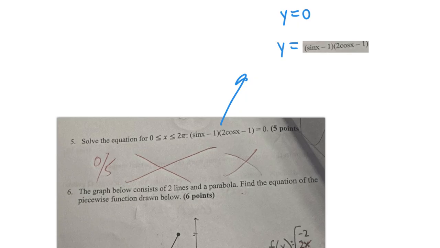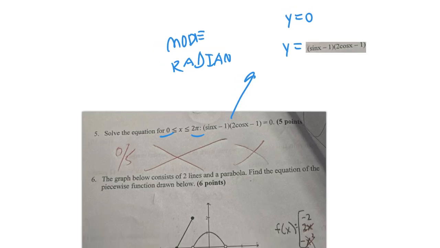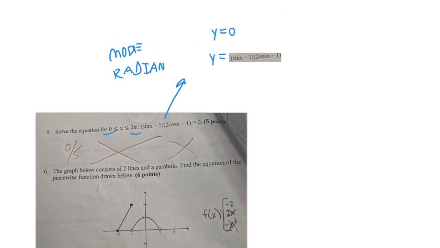That is something that most definitely could be done for this. And it is the case that you need to be in radians, though. So you'd have to go to mode probably and just make sure you're in radians, because these are radians.